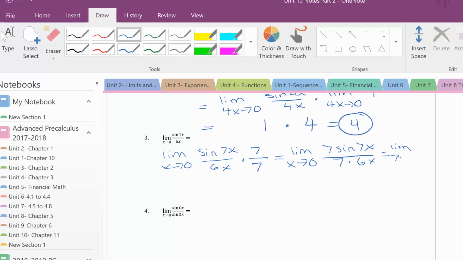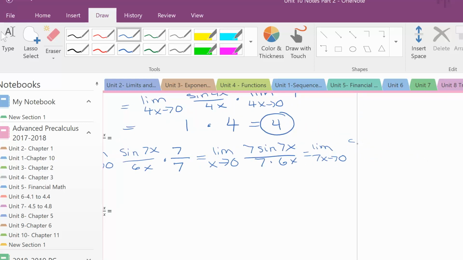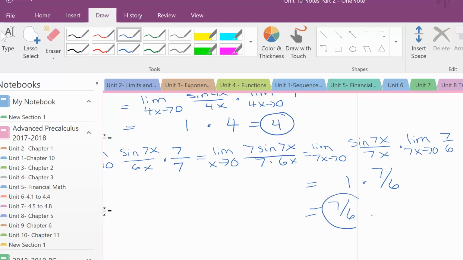So now the limit as 7x approaches 0 of sine 7x over 7x times the limit as 7x approaches 0 of 7/6. And then that's just going to equal, well, sine theta over theta, remember, is 1, times 7/6, which is 7/6.